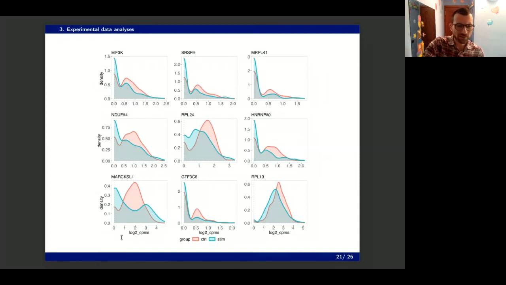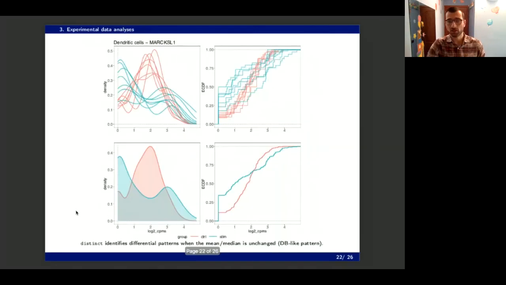Now, I think doubtlessly the most interesting one is this one on the bottom left, that resembles a DB pattern where you have a roughly unimodal distribution for controls and bimodal on the sides for the stimulated samples. If we zoom in and look at the actual sample level densities of this pattern, here you have the sample level densities and CDFs, and then at the bottom the group level density and group level CDF.